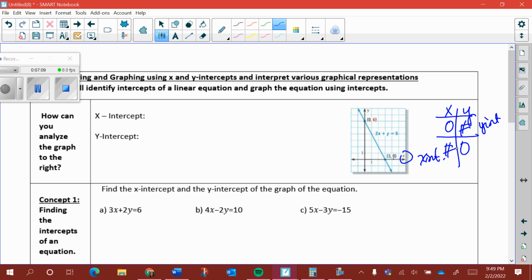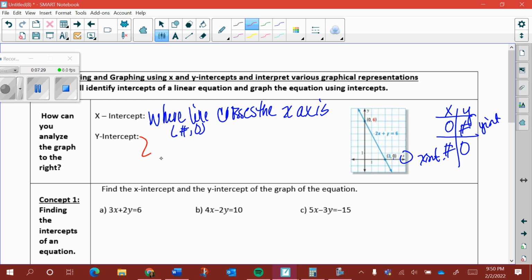So the x-intercept is where it crosses the x-axis. It's going to be some number, 0.